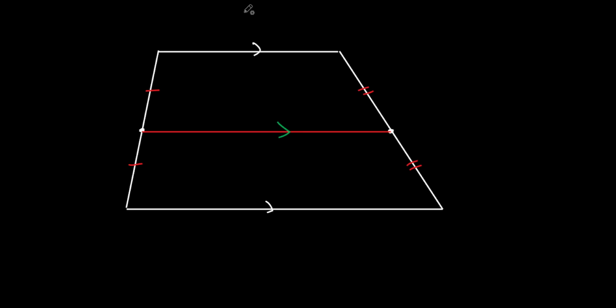I'll just do it like this. Let's call this length 2r. We'll call this length 4r plus 2, and we'll call this 10. What I want to do is find all three of these lengths. Let me put some letters that they use on this.